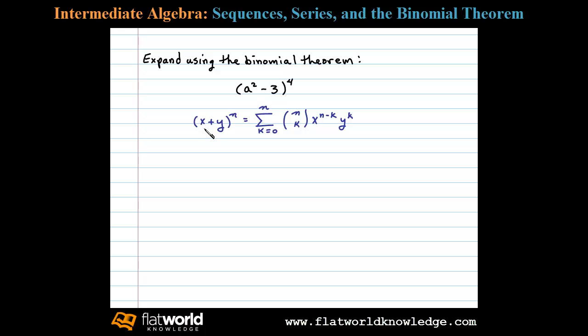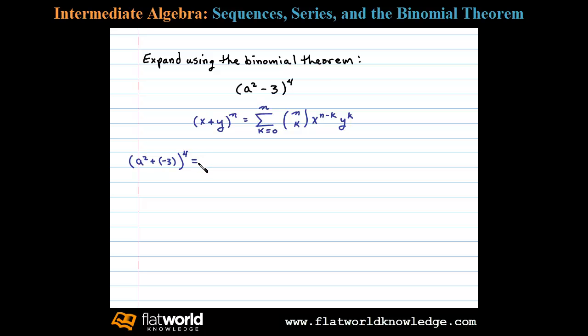And so in this case, a squared will be equal to x in the theorem, and negative 3 will be equal to y in the theorem. And of course, n is 4.